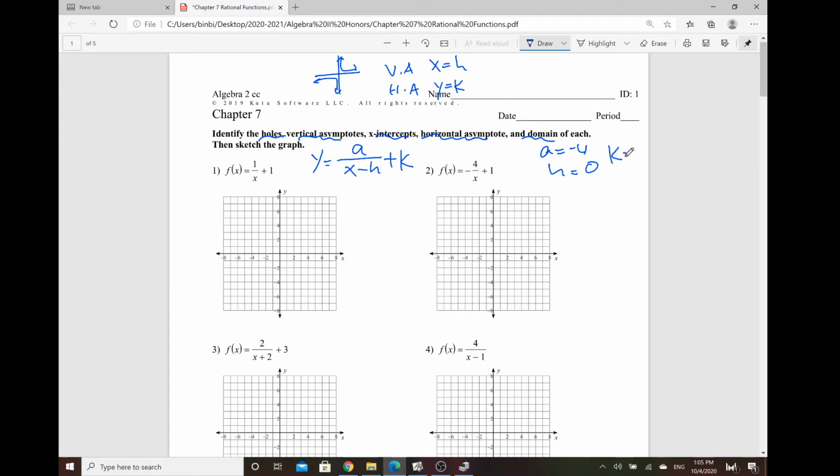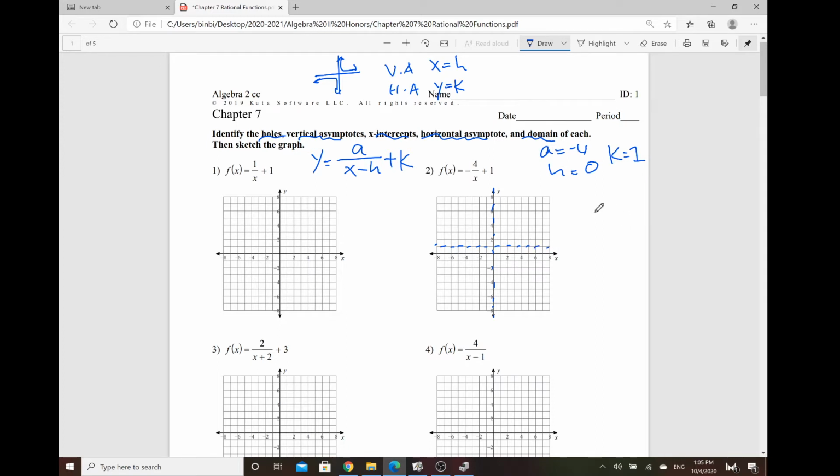And k, for this one, is the separated constant, so that would be 1. So start with the VA, which is the y-axis, because x equals 0. And k equals 1, so y equals 1 is the horizontal asymptote.